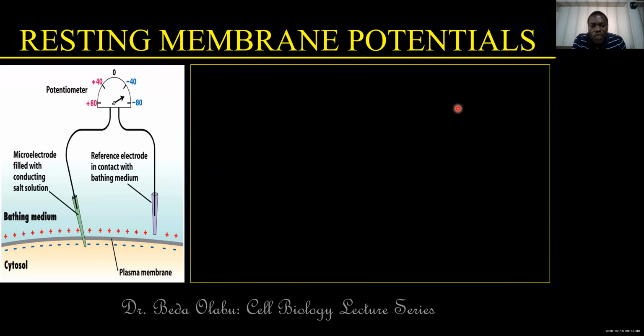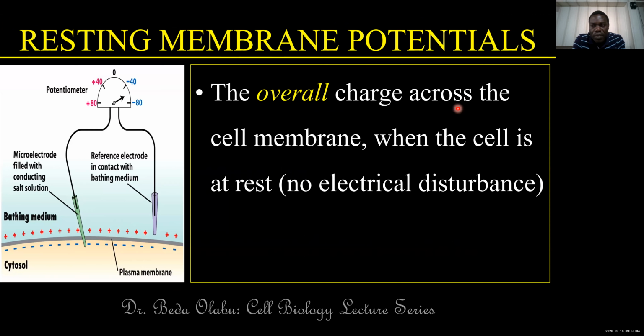If I was to define the resting membrane potential for you, I would say it is the overall charge that exists across the cell membrane when the cell membrane is not disturbed, when the cell membrane is at rest.